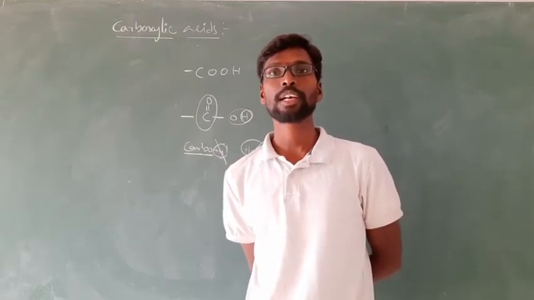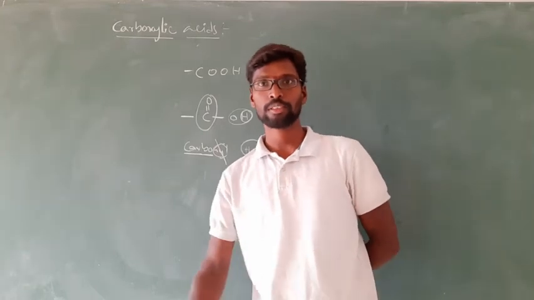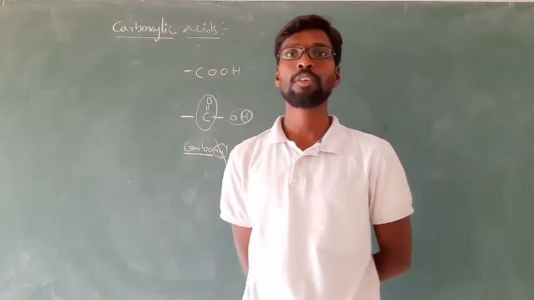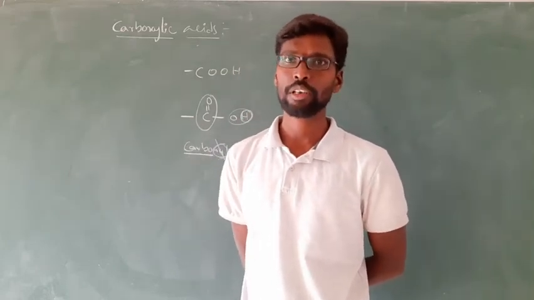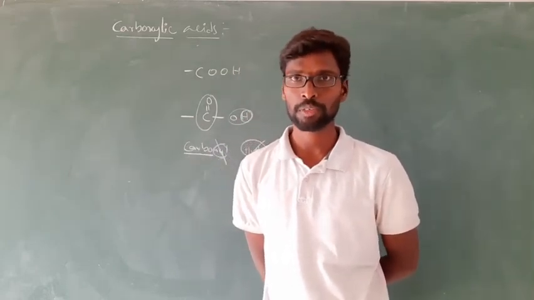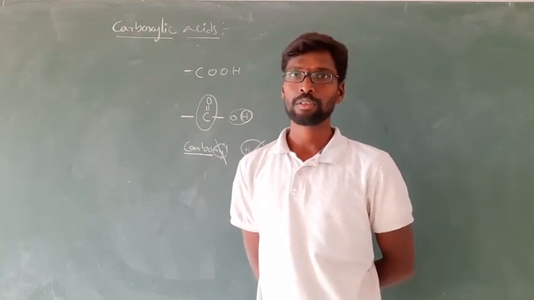Carboxylic acids are also present in our body as proteins. For the formation of proteins, we require amino acids, which are compounds in which one amino group and one carboxylic group are present. So again we get carboxylic acid.